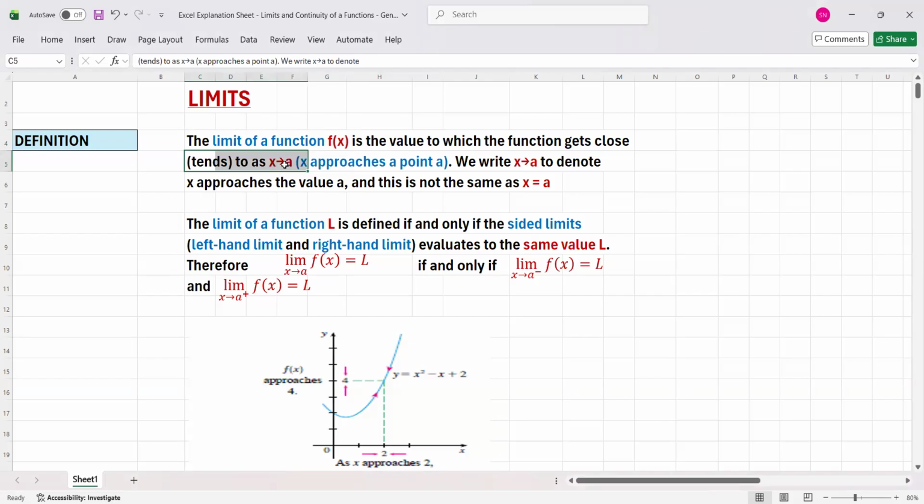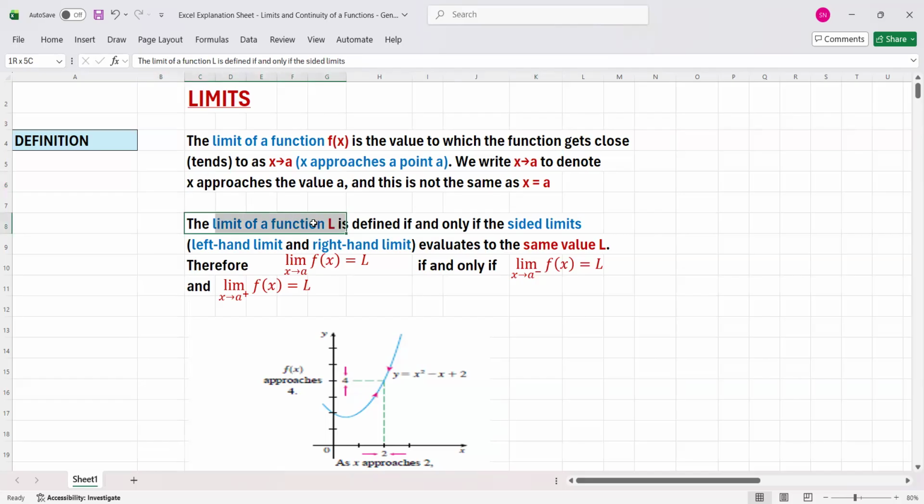So when we are finding the limits of a function, they will tell you the limit of the function as x approaches a number. Let's say x is approaching a. So as x approaches a, we will write it as x with an arrow to a. And then we will find the value of that function at that point.